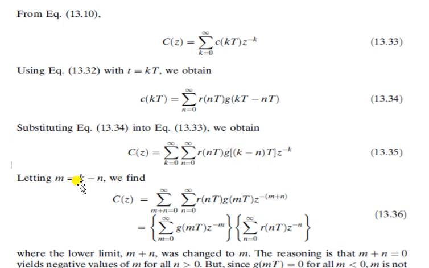But if you put here 0 value, this will be m equal to minus n. So instead of minus n, we can write small m. So this will become m into t, z to the power minus, instead of k we can write m plus n from this equation, so we can write minus m plus n.